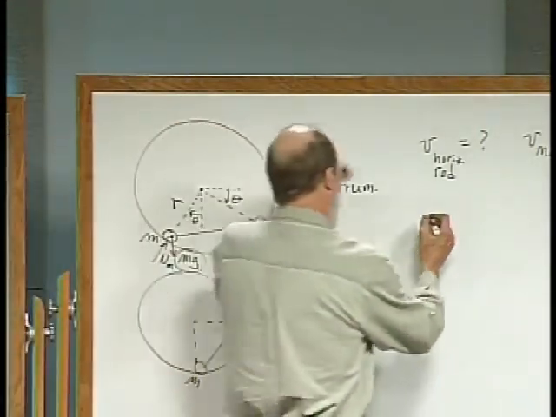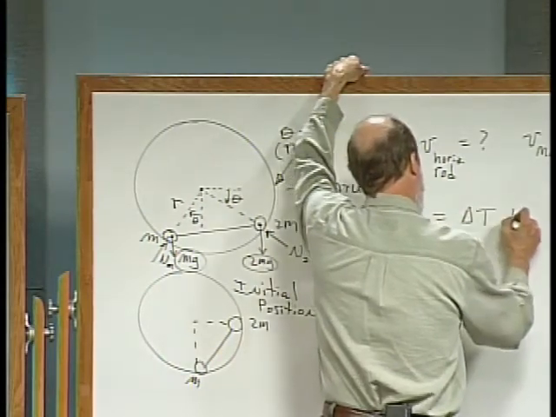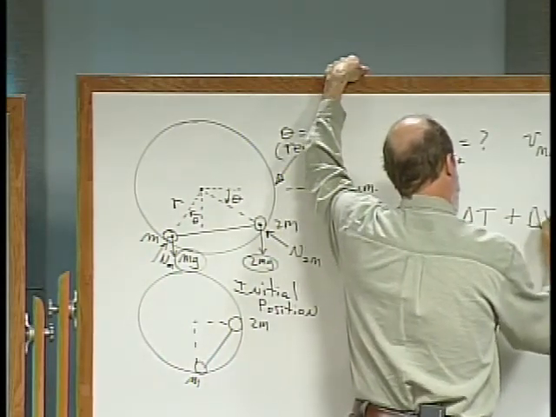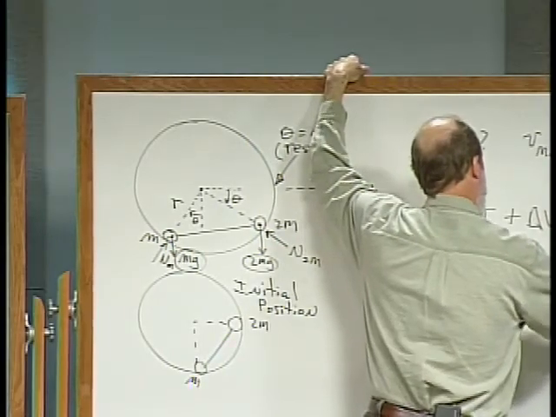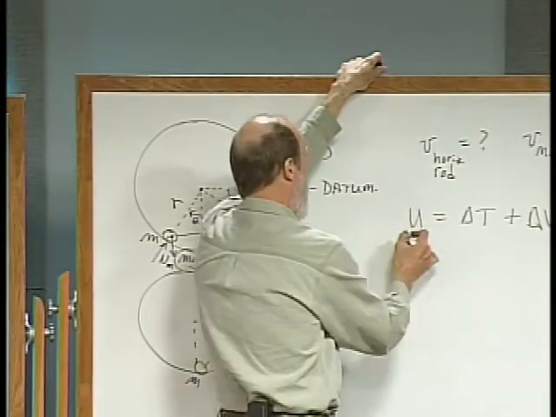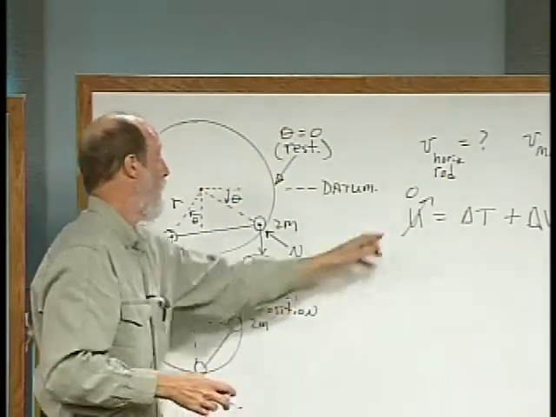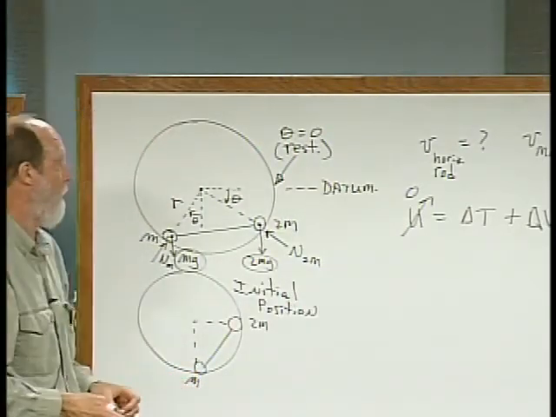So our governing equation then, U equals delta T plus delta Vg plus delta VE. We can zero out the elastic potential change. We can zero out the work done by, since there are no other active forces other than gravity.